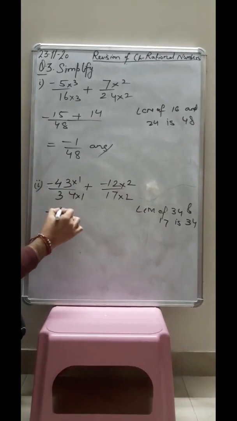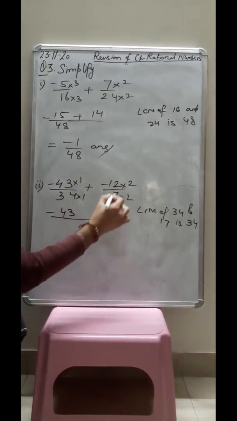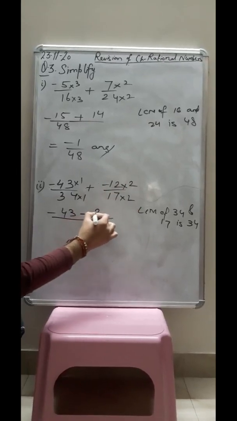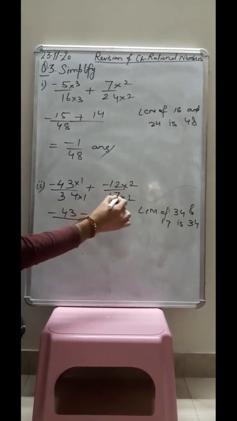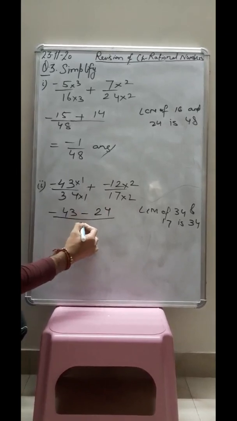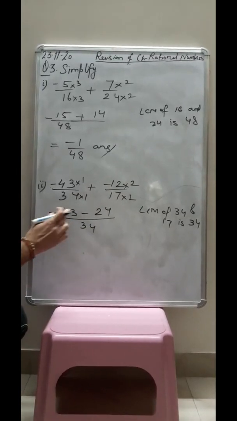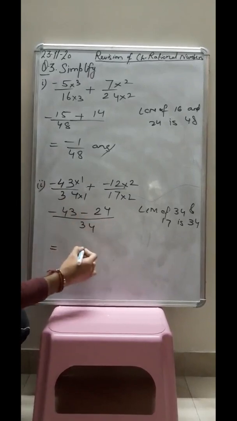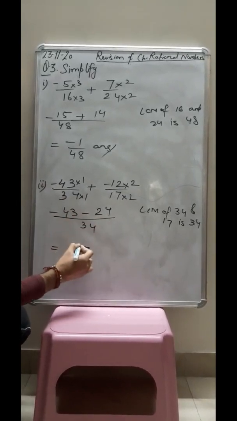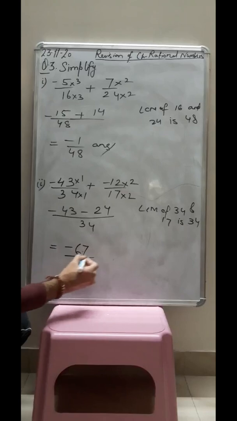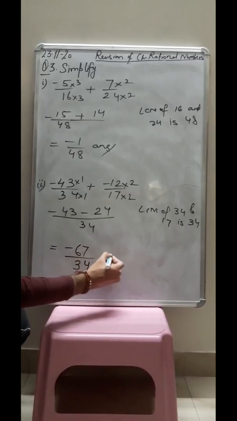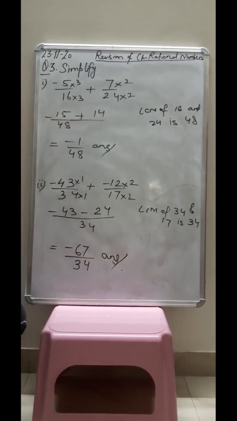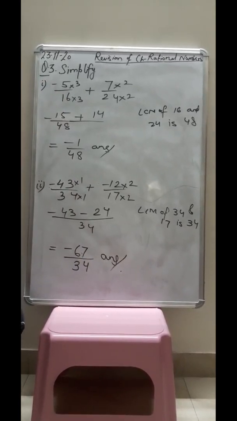This gives you minus 43, this gives you plus minus 24, and the denominator will come as 34. Now minus plus gives you minus 67 upon 34. So in this way we can simplify the rational numbers.